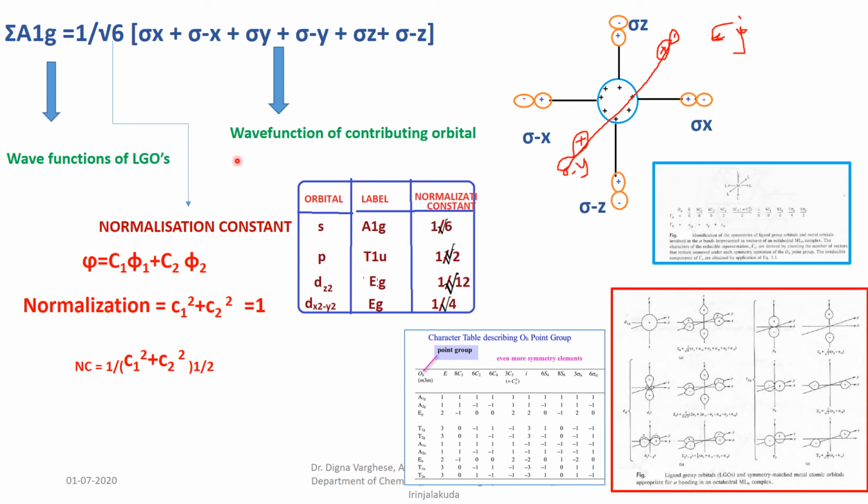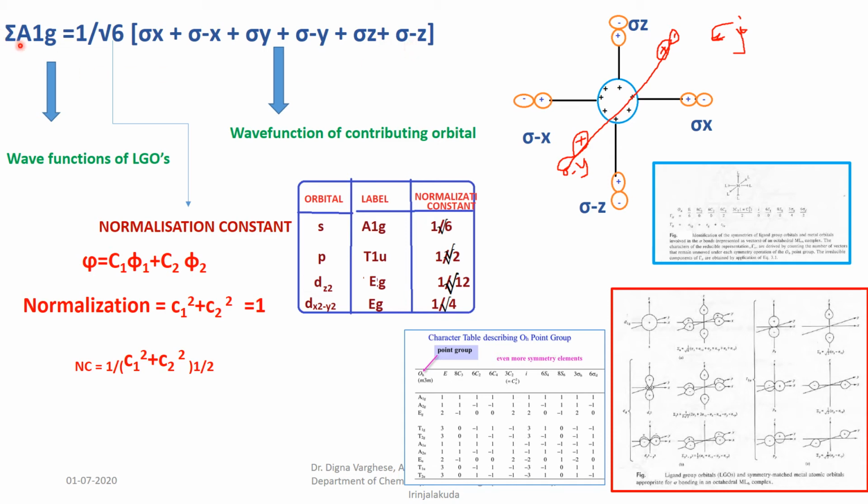So the A1G ligand group orbital can be constructed from an additive combination of the 6 ligand orbitals. That is, the 6 ligand orbitals sigma x, sigma minus x, sigma y, sigma minus y, sigma z and sigma minus z, and we get sigma A1G equal to 1 by root 6 times sigma x plus sigma minus x plus sigma y plus sigma minus y plus sigma z plus sigma minus z.